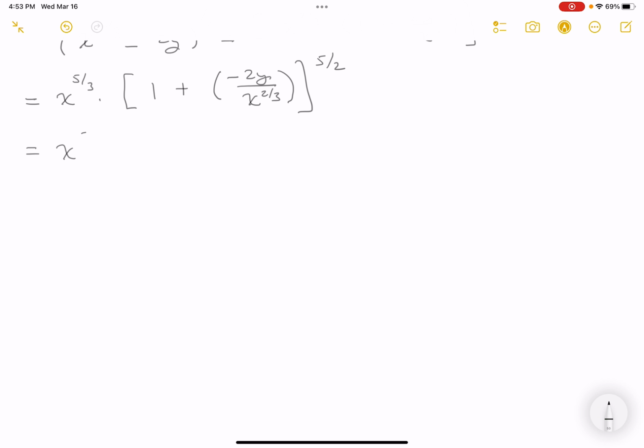X to the 5/3 times, all right, we got to expand it now, don't we? That's going to be 1 plus 5/2 times minus 2y over x to the 2/3.